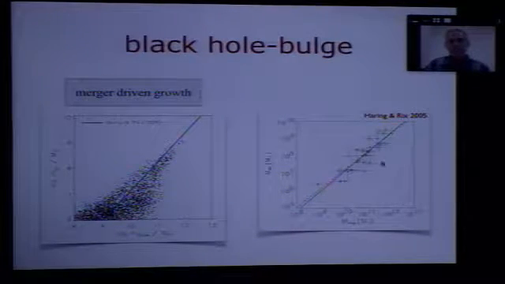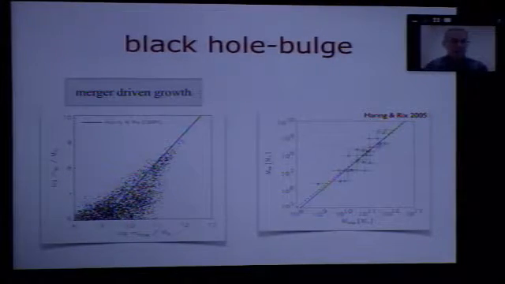And so this is the data from Haring and Rix, and we don't have a whole lot of points, but you can see this correlation here between these two components of the galaxy. And with this merger-driven growth model, okay, we don't do too bad. We see a similar correlation. We don't have data down here in the low mass regime. So this spread here is probably fine.